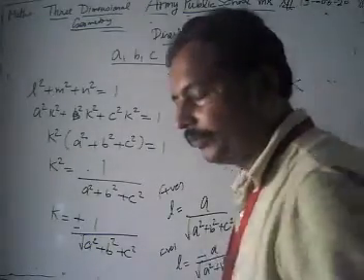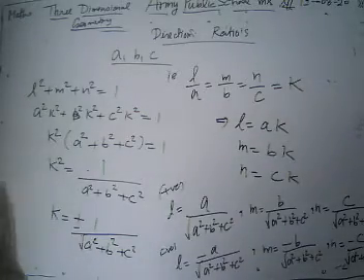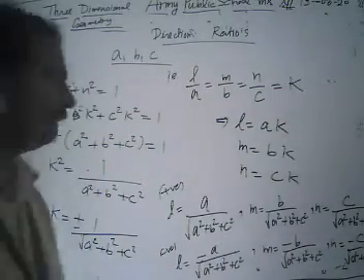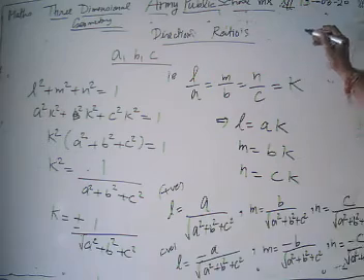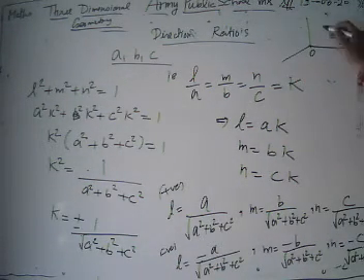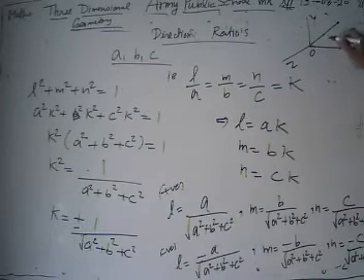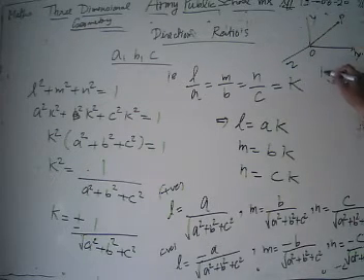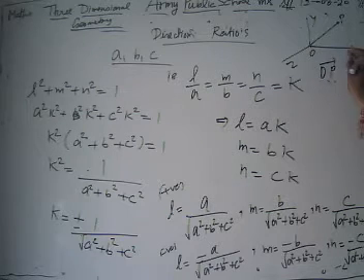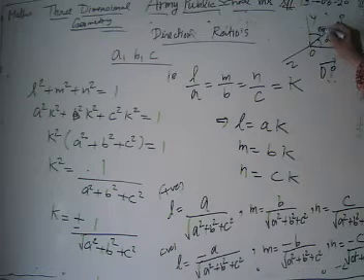Now look, we have two values of L, one positive and one negative in nature. The reason is that when we draw the angles at OX, OY, OZ, we have a vector OP whose angles are given by alpha, beta and gamma.